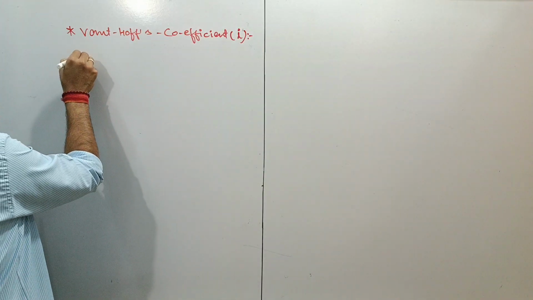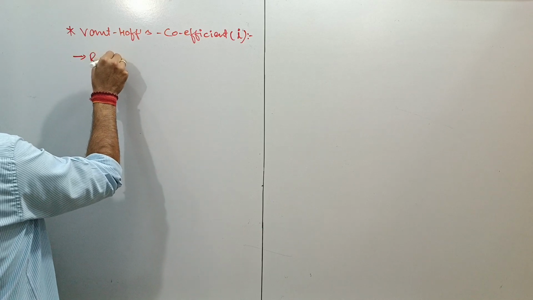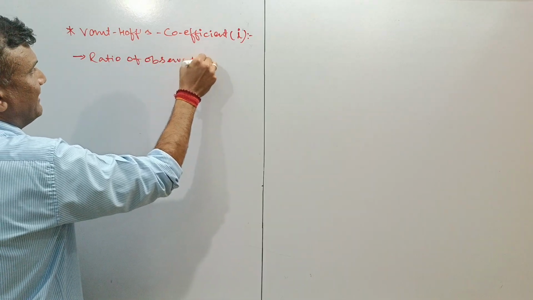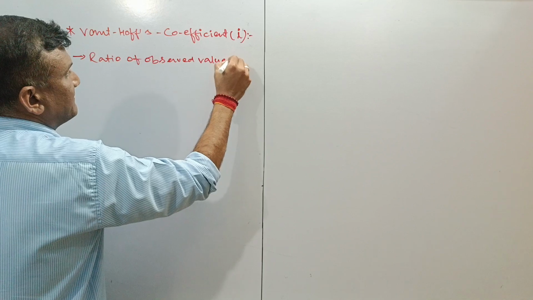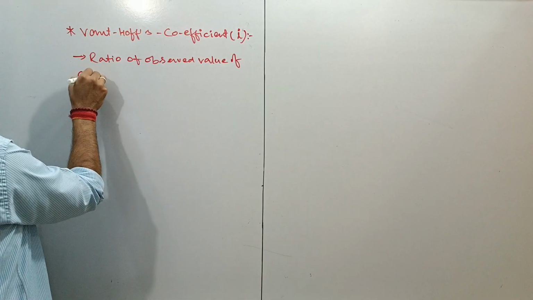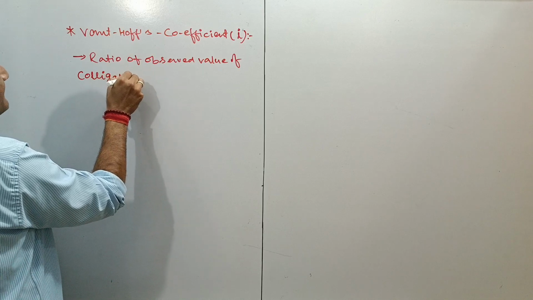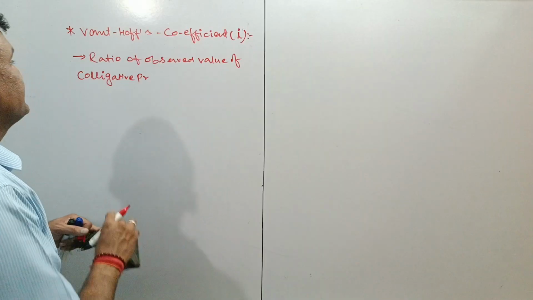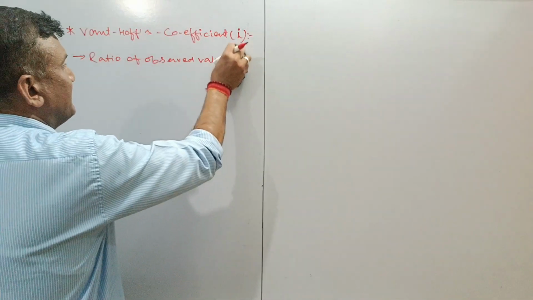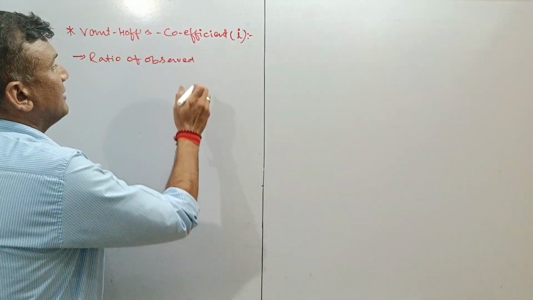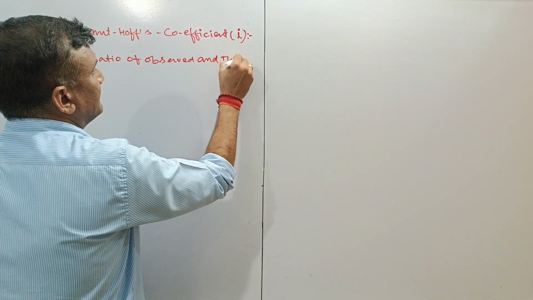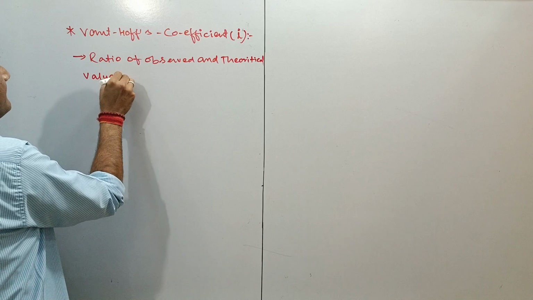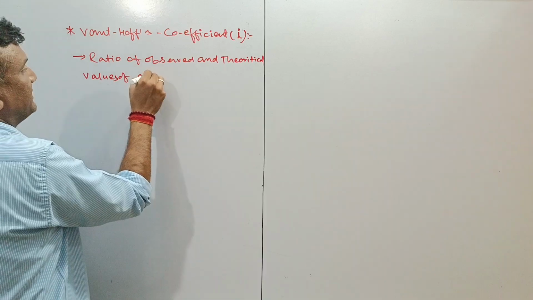So we can say that it's a ratio of the observed and theoretical values of colligative properties.